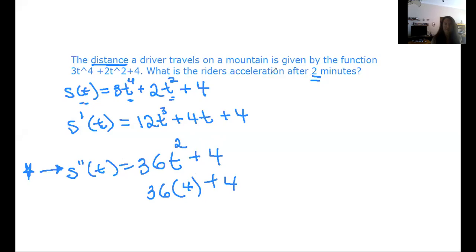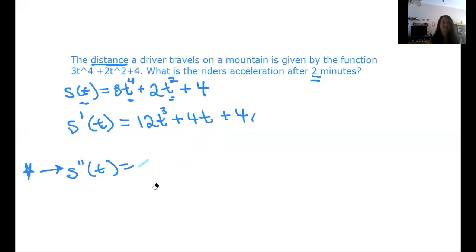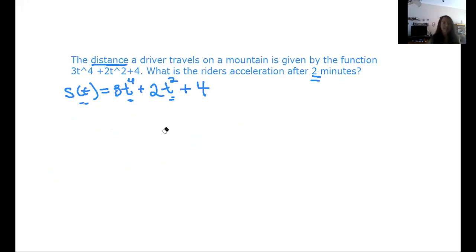I put it in here wrong, so let me fix that. This should be to the third power.